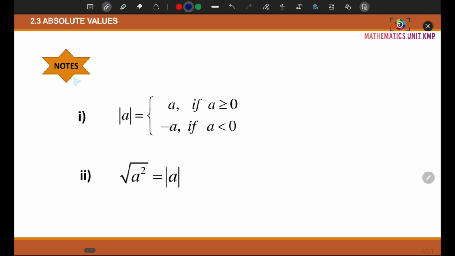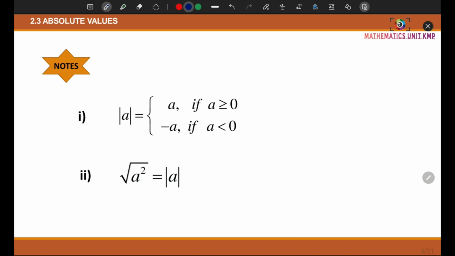And then we have notes here, the other definition of absolute value. So this is the geometrical interpretation. We can define it as the absolute value of A is equal to A if A is greater than or equal to 0, and negative A if A is less than 0. Definition number 2, the absolute value of A is also equal to the square root of A squared.